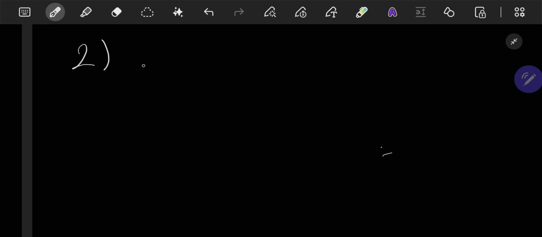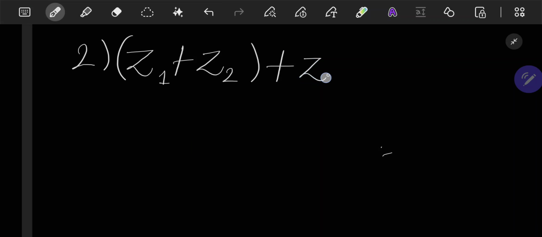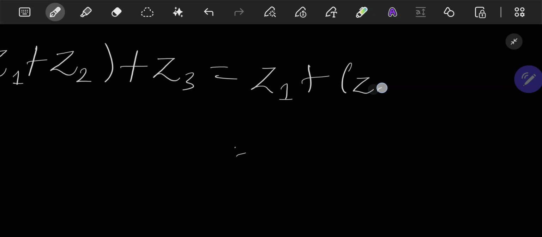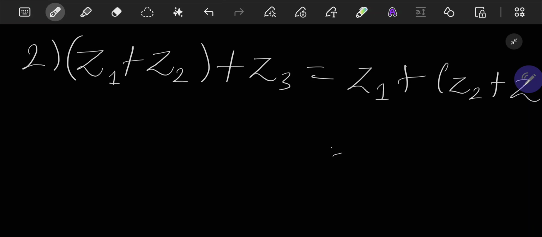After that, we have the associative property, which is z1 plus z2, plus z3, is the same as z1 plus z2 plus z3. This is the associative property of addition. After that, we have the commutative property of multiplication.